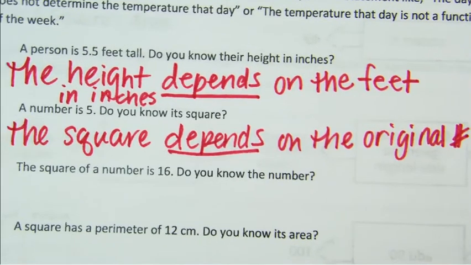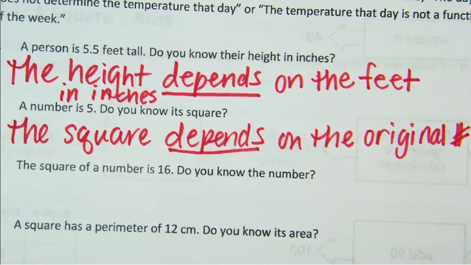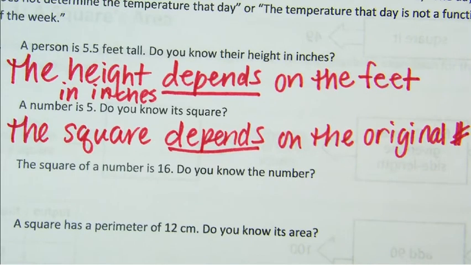So the square depends on the original number. So we're just kind of rewriting these, talking about what depends on what.